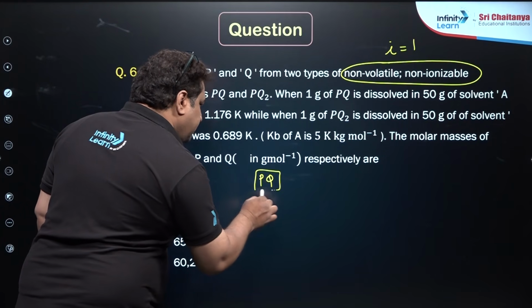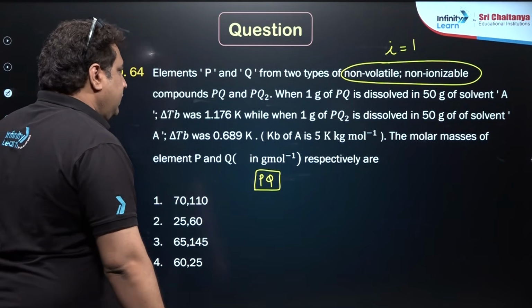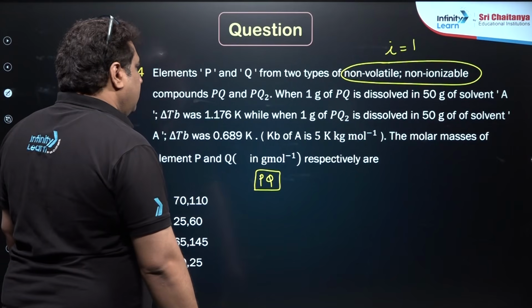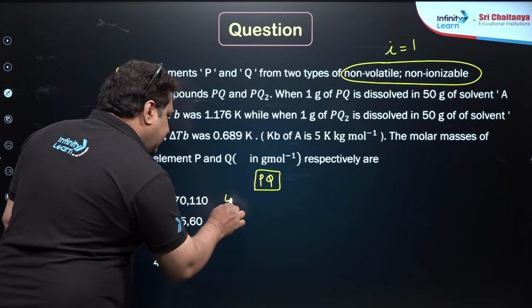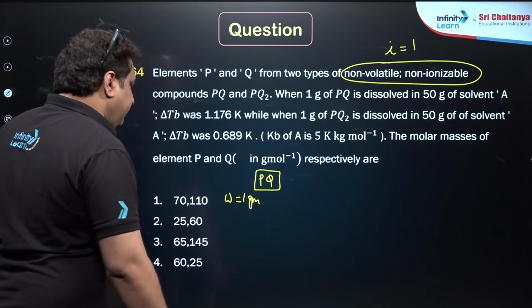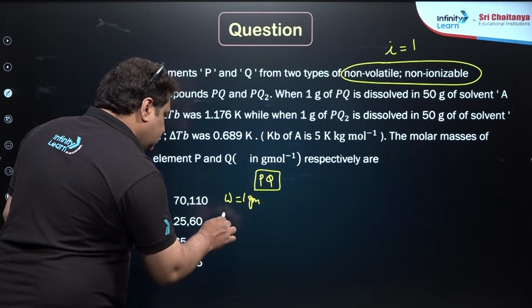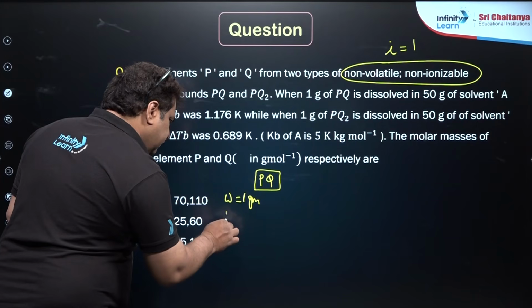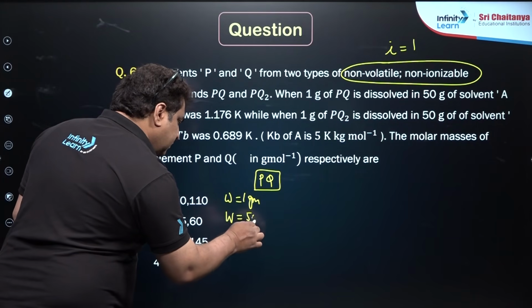First I will study about PQ. What is it saying: weight is 1 gram, dissolved in 50 gram, that is the solvent, weight of the solvent capital W is 50 gram.